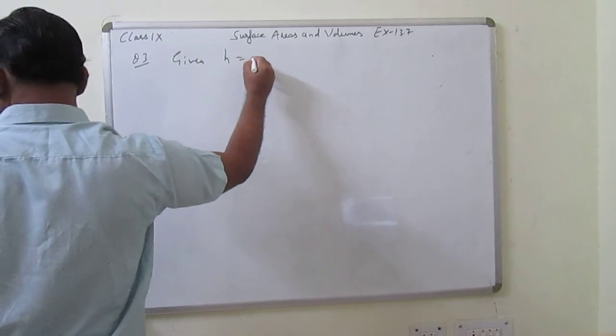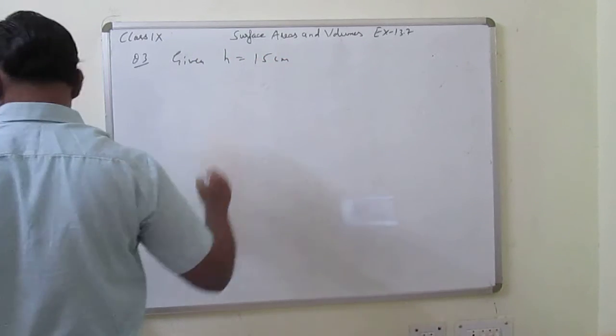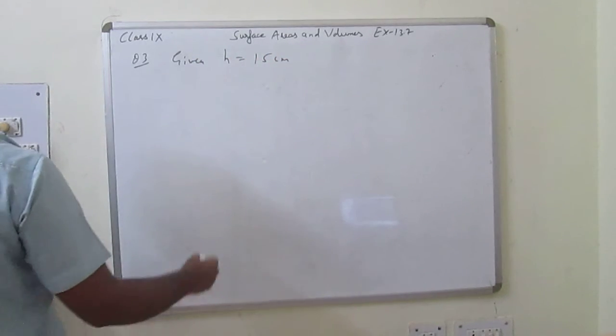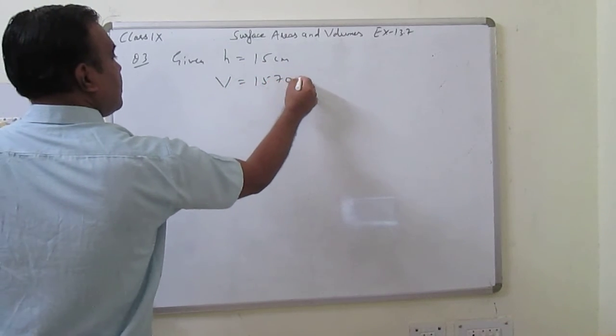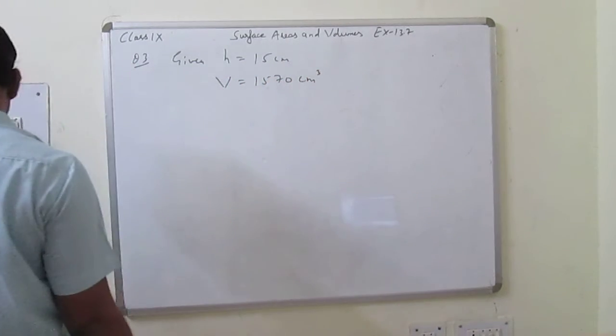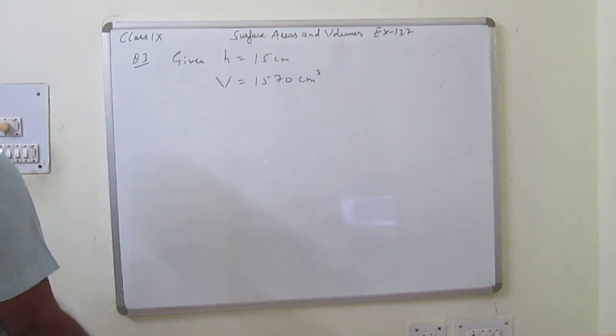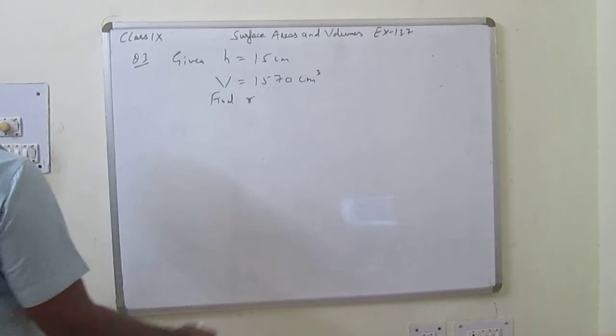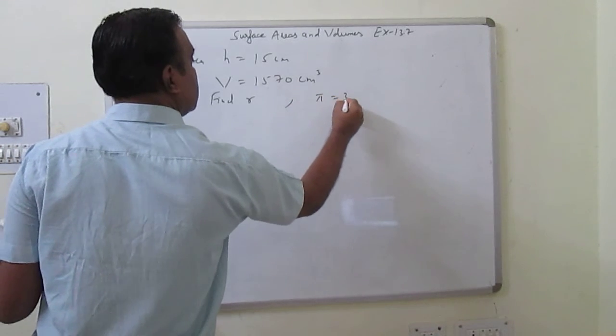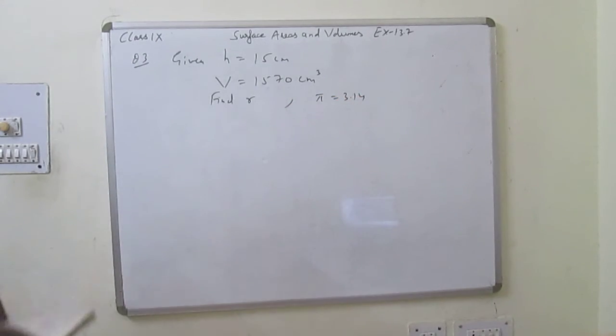Height of cone is given to you 15 centimeter. Volume is 1570 centimeter cube. Find the radius of base. Find क्या करना है? Radius निकालना है r और पाई को क्या यूज लेना है? 3.14. It is mentioned to you.